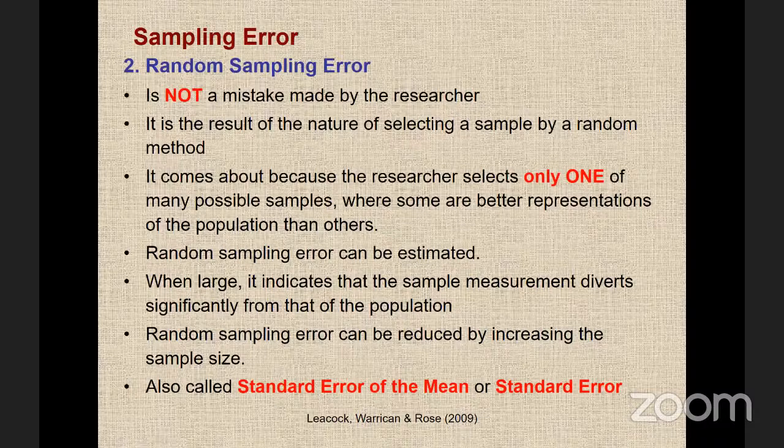What is the way to reduce random sampling error? This is actually common sense. Would you make this sample larger or smaller to reduce random sampling error? Larger, because we all know that the larger the sample, the more likely it is to represent the population.